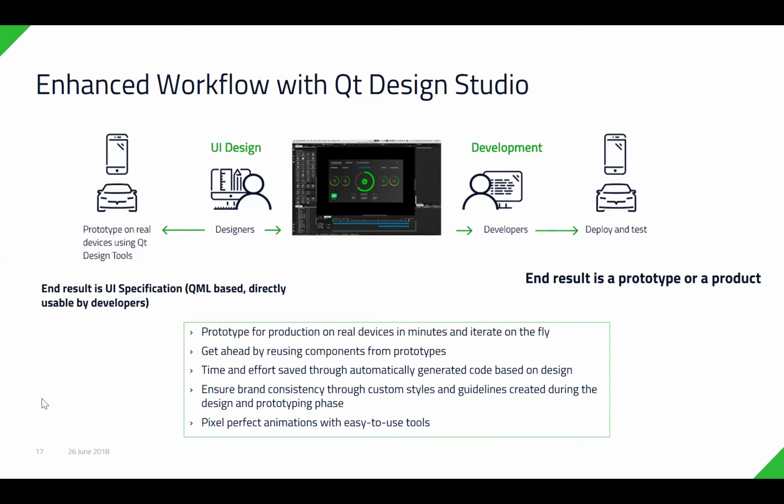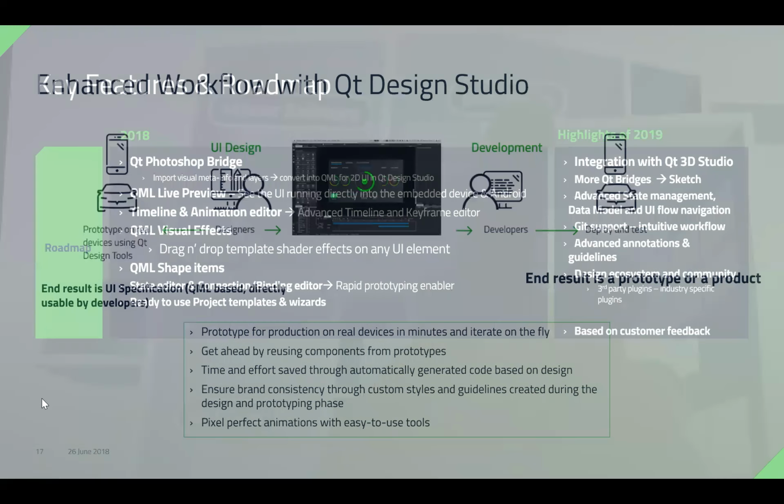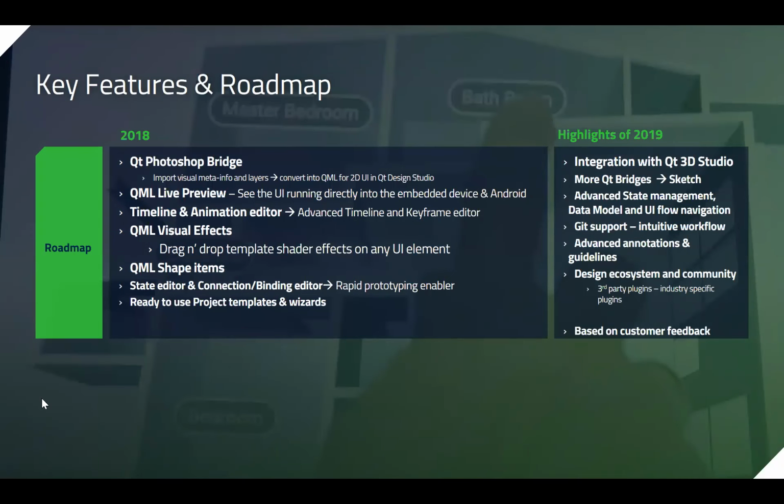But the most important thing to watch out for, to get an idea of what's coming, is the roadmap of Qt Design Studio. First of all, we have built a pretty rich Photoshop bridge. That's the first bridge we have introduced. Next year there will be another bridge to Sketch.